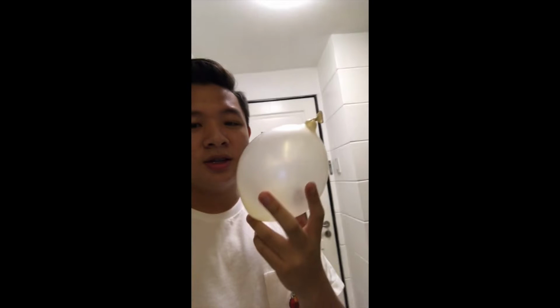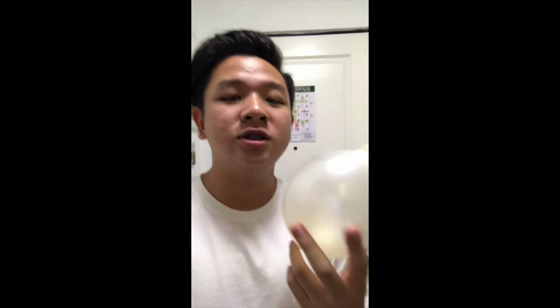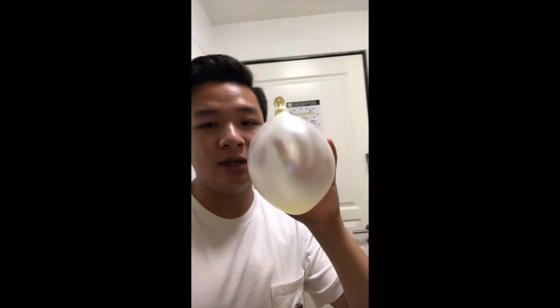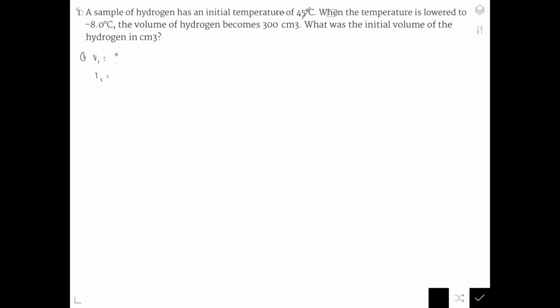We can see that the balloon shrunk in size. This can be explained by the Charles law, as Charles' law states that whenever the temperature is decreased, the volume also decreases. We must always remember to convert the Celsius to Kelvin for temperature.